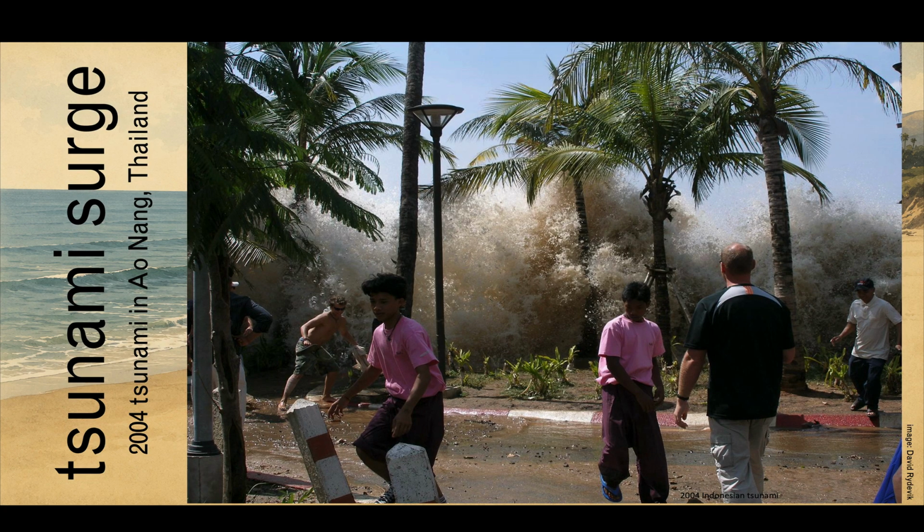We also see crazy elevations of water and huge pounding, water moving higher and farther inland during a tsunami. In this case, this is the 2004 tsunami in Thailand, where the surface of the ocean just got super high in the wake of this earthquake and is propagating inland and has killed a lot of folks.